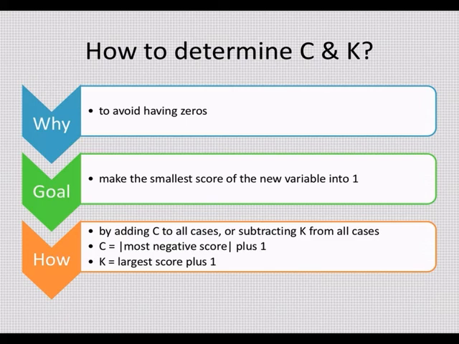How we determine c is the absolute value of the most negative score, plus 1. So for negative 34, c would be 35. k is the largest score plus 1. So if the largest score was 45, k would be 46. We would use 46 minus the variable.